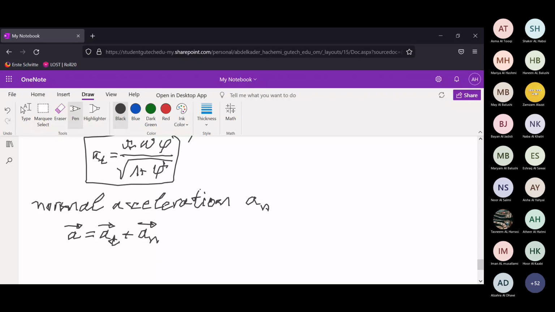Then we can write that a square in magnitude is only at square plus an square.